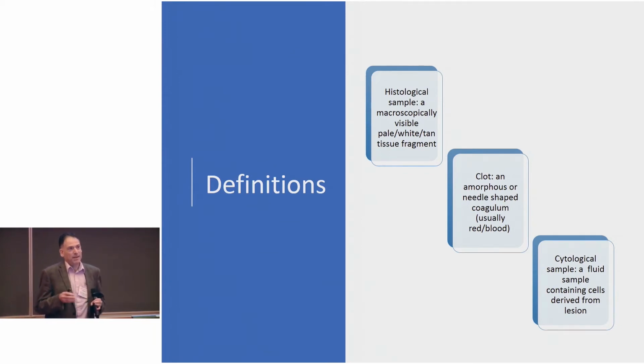So it might be blood that actually clots in the tube and becomes like an amorphous thing, or something which actually clots in the needle. We'll come to the importance of clots in a minute, because really a lot of tissue can be hiding in that. And then a cytological sample is just a pure fluid sample, which contains cells derived from the lesion.